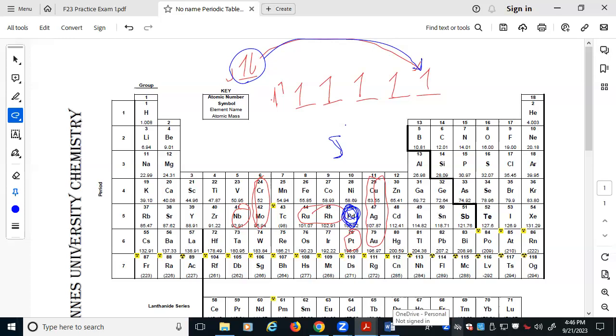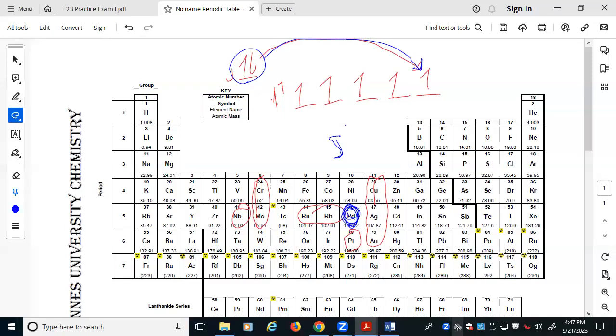And that is probably the weirdest phenomenon, because what that's saying is that I've got my 5s and my 4d, and usually I would think of them this way, 5s being lower in energy than the 4d, but for palladium, it actually flops. The 4d is lower in energy than the 5s, so all 10 of those electrons jump into the 4d, and none are left over in the 5s.